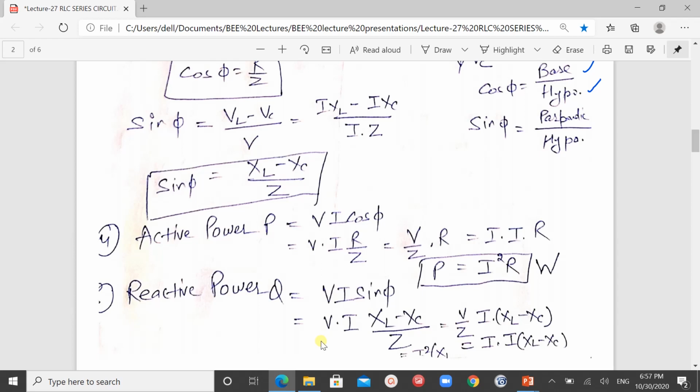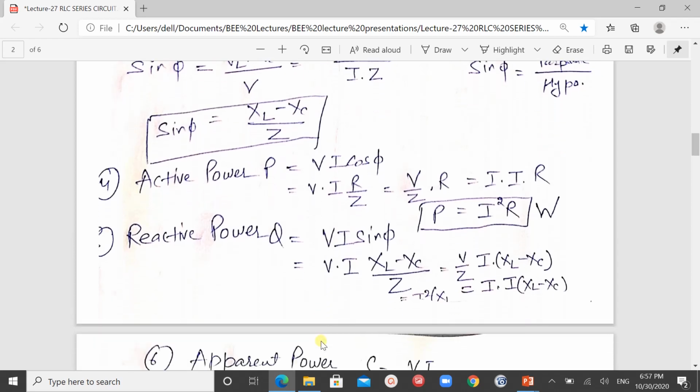AC power, P is equals to VI cos phi. We put the value of I, and we put the value of R upon Z. So it will become V into I. We take this Z here.